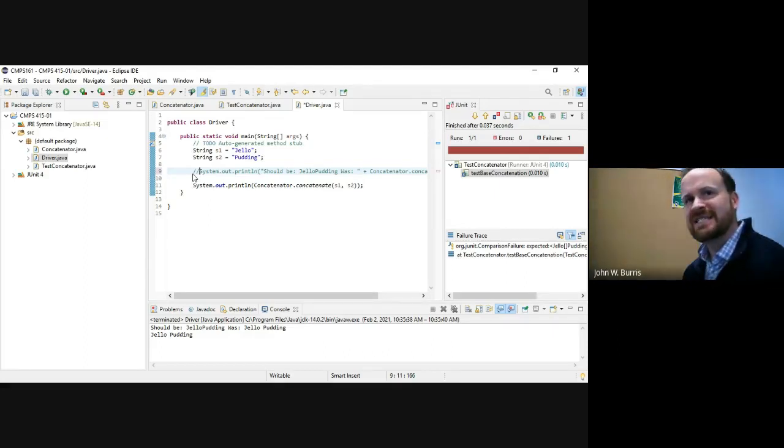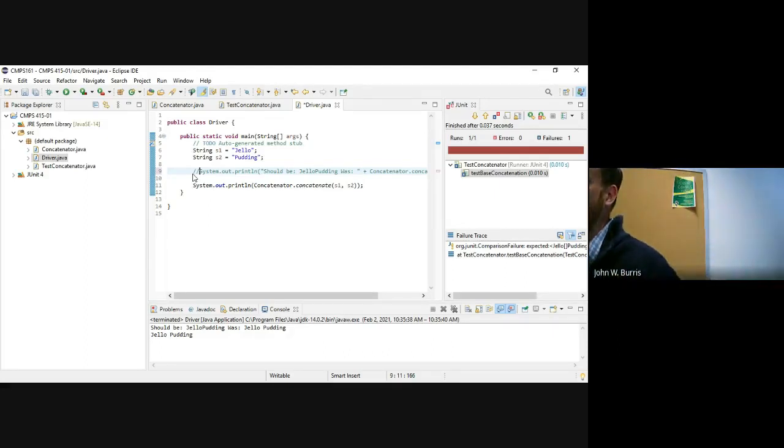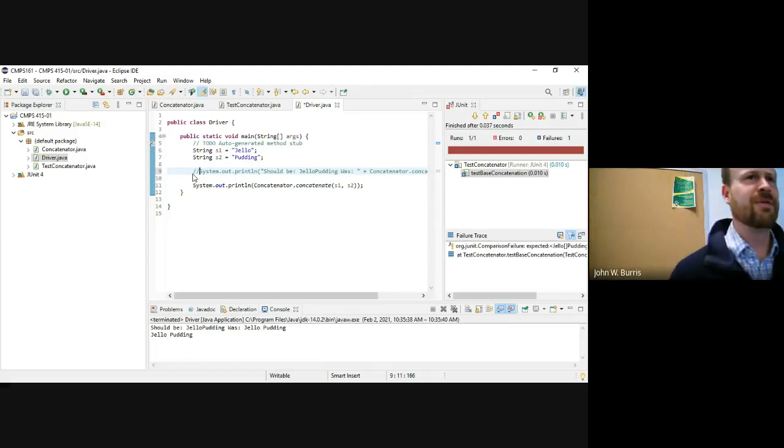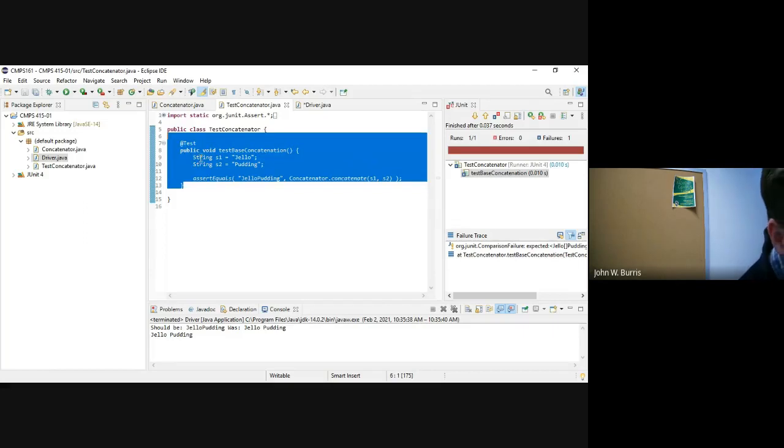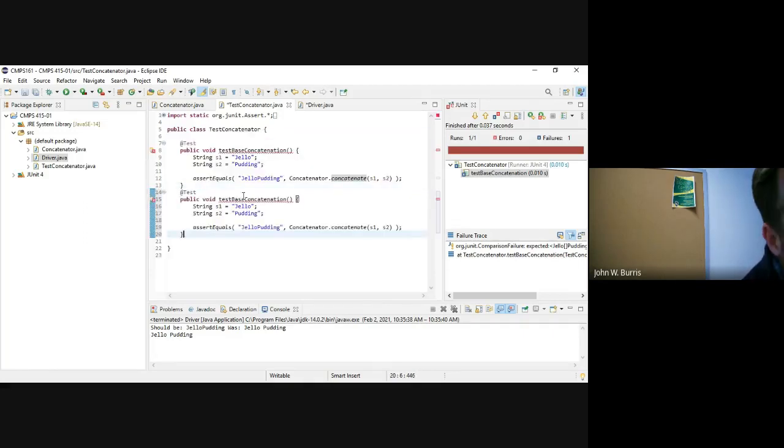When you run a test case, it doesn't go to main. It absolutely doesn't go to main. It goes to the test cases and it runs them. So let's try some of what it can do really interestingly. You can have multiple test cases inside of here. You just test empty concatenation.